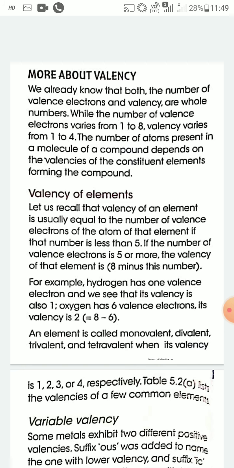While if the number of valence electrons is 5 or more than 5, then the valency of the element is 8 minus the number of valence electrons.